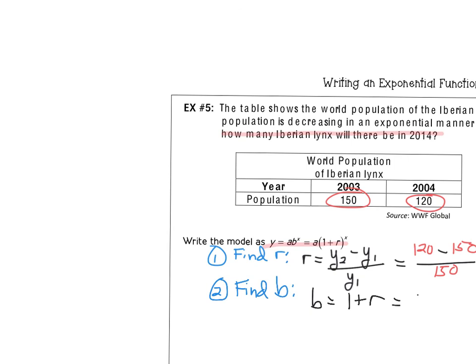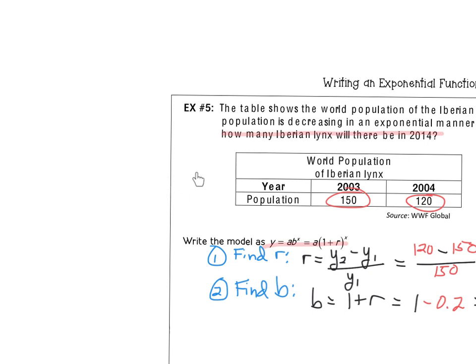So that's going to equal 1, and then if our R right here was negative 0.2, I'm going to put a minus 0.2. And so that equals 0.8. All right, and then step 3. Now let's see, do we have everything we need? Our A is our original amount, which is our 150. And we found our B, which is our 0.8.